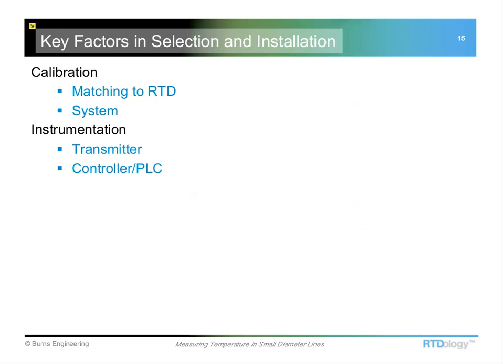And finally, some of the instrumentation comes into play: transmitter, controller, PLCs, those all have some potential errors involved with them, so we need to make sure we choose the correct items there to meet our measurement budget.